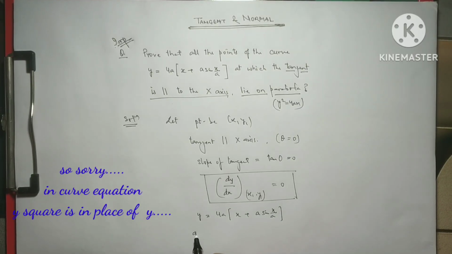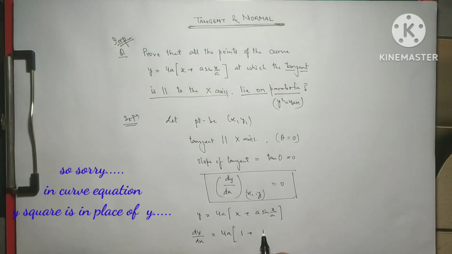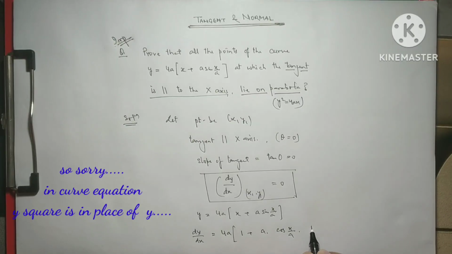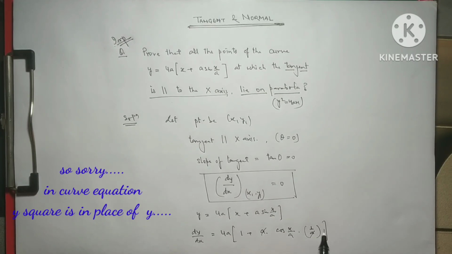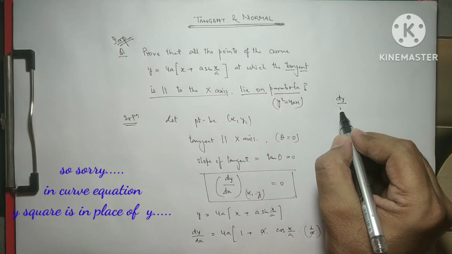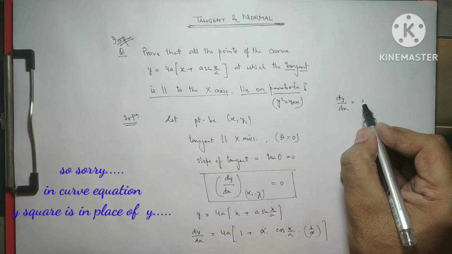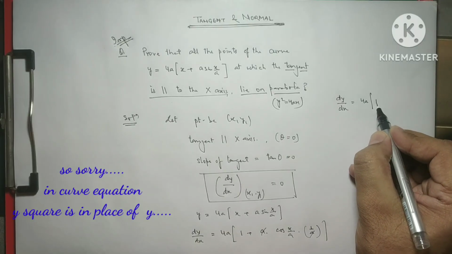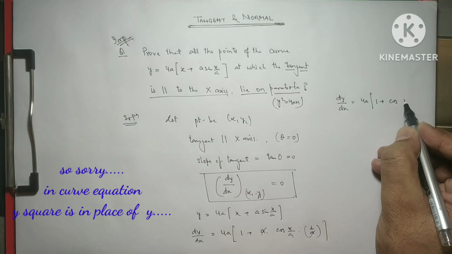Now on differentiation we get dy over dx equals 4a common, differentiation of x is 1, plus a into differentiation of sin, which is cos, and differentiation of x over a is 1 over a. So 1 over a and a cancel out, so we have 4a times 1 plus cos x over a.